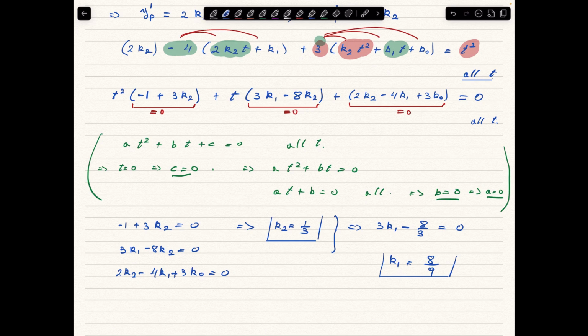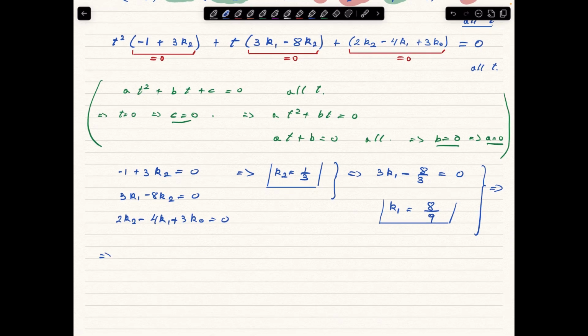And now we put these two into the last equation, and now we have that 2/3 minus 4 times 8, 32, over 9, plus 3k0 has to be 0.